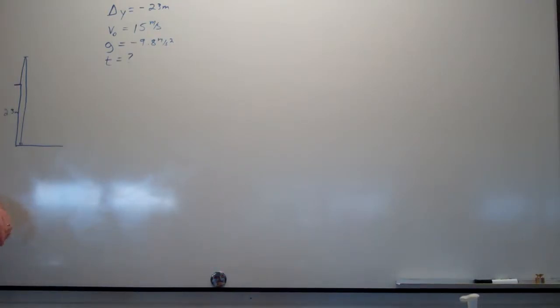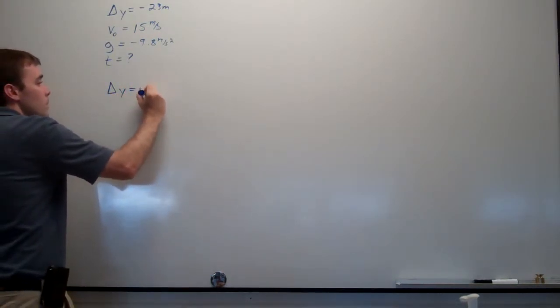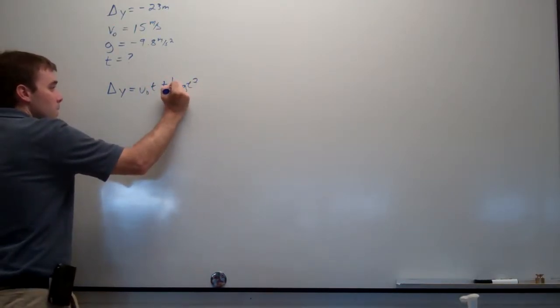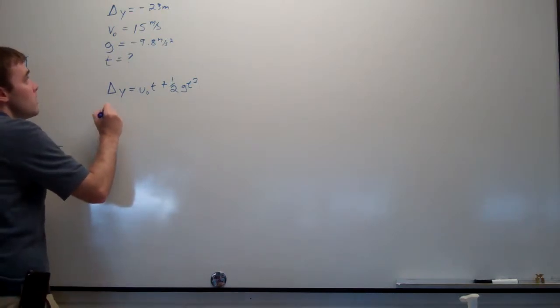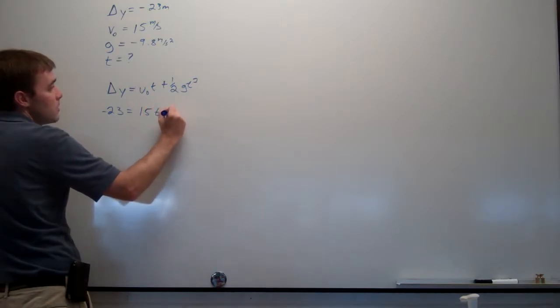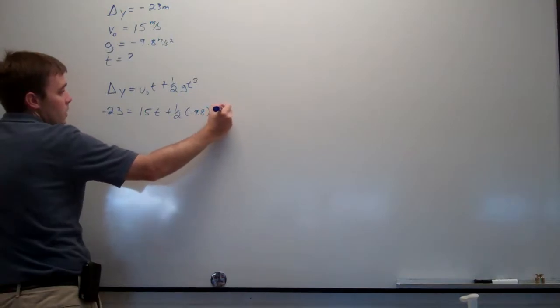Alright. So, what equation has those 4 things? You're going to say first, second, third, or fourth? Second. So negative 23 equals 15 t plus 1/2 times negative 9.8 t squared.